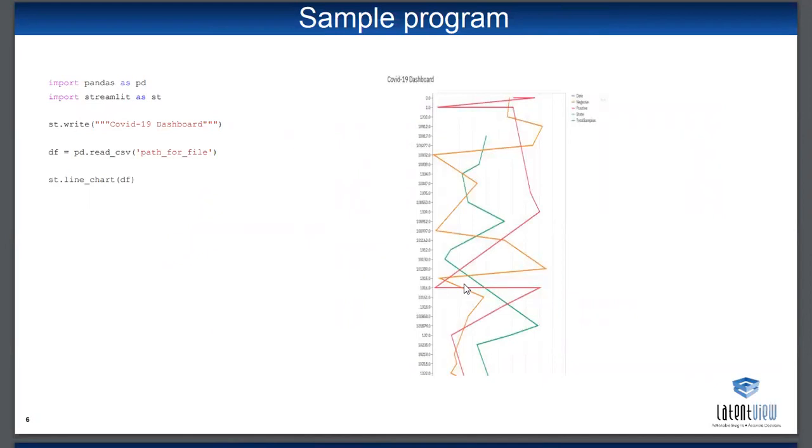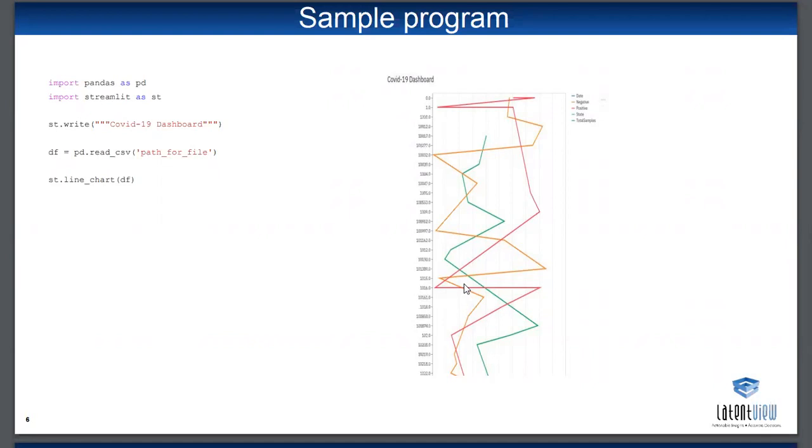This is a simple program. First I import pandas, and after that I import Streamlit. With st.write, I give a name, COVID-19 dashboard, and it is shown like a heading.